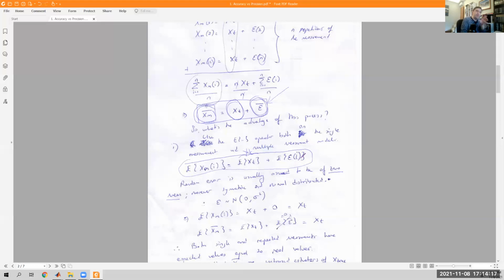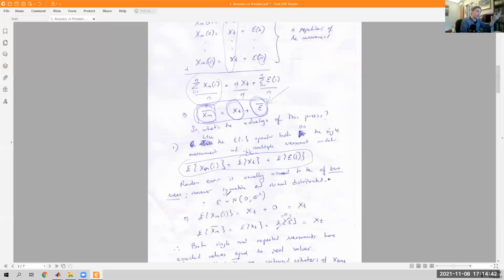If you remember, I characterized random error as acting in different directions from experiment to experiment. So in the long run, if you sum all these random errors, since they go in different directions, they are going to cancel each other and go to zero. Therefore, statistically, random error is distributed around zero mean.